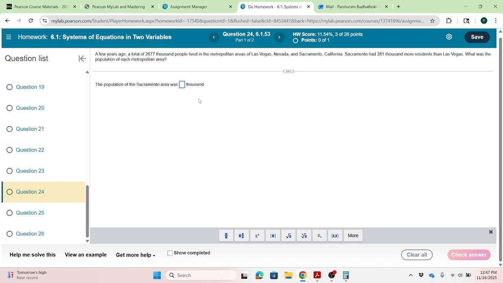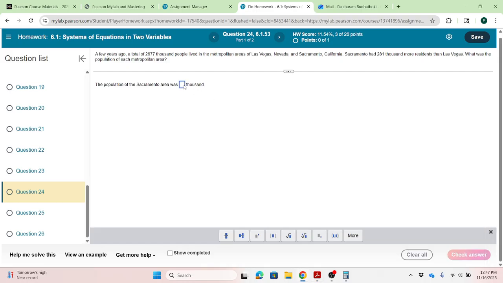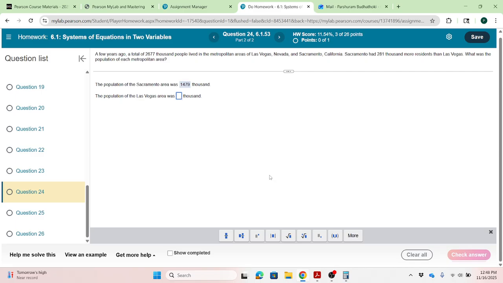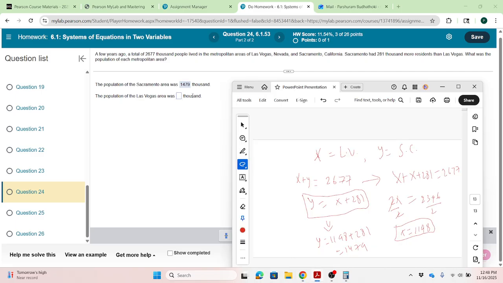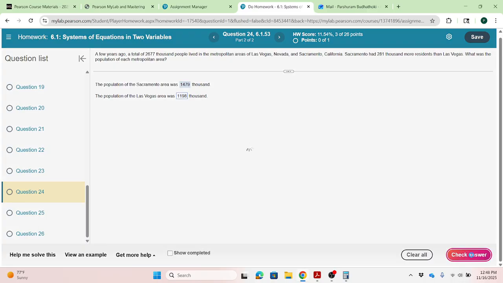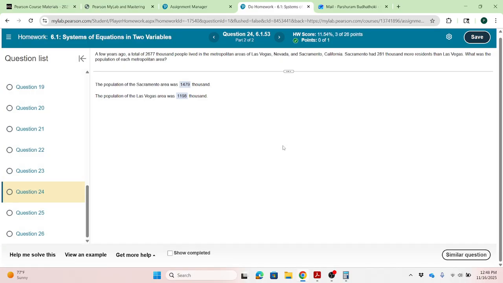The population of the Sacramento area is 1,479,000, and the population of Las Vegas is 1,198,000. So keep in mind, to solve this type of real life application problem, you have to introduce a variable for the unknown things. Okay, so that's all for this section.